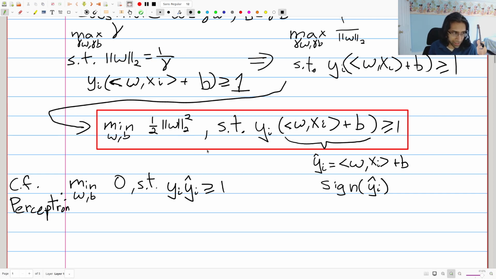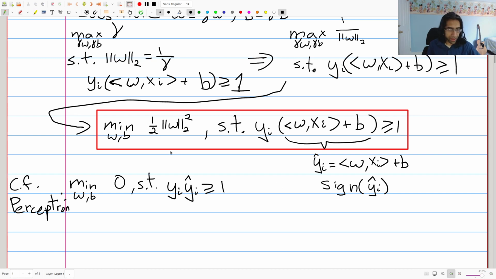This can be seen as a refinement of this problem in the sense that we do all the same things as before, but now we have an additional objective, and any solution to this will also be a solution to the perceptron problem if one exists. Again, remember crucially that we still are assuming that the data set is linearly separable, which may be unrealistic. We'll discuss how to get rid of that in the next lecture on soft margin SVMs.